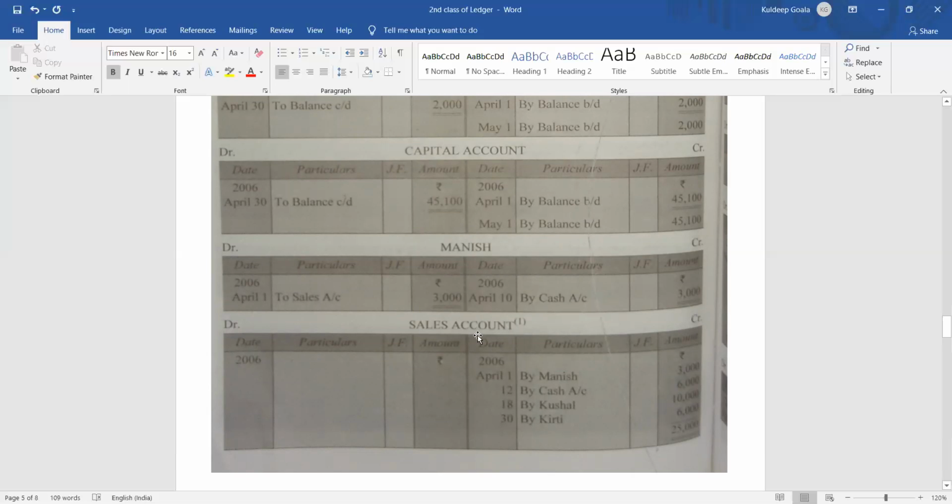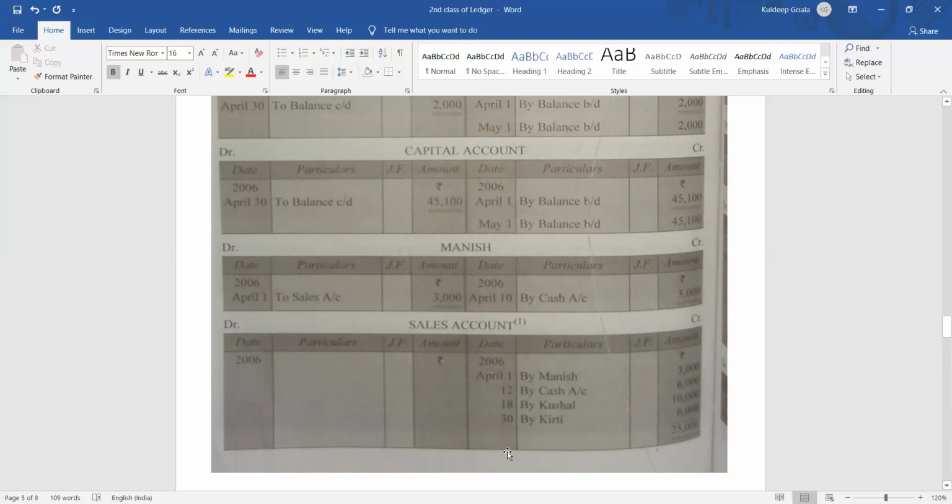Coming to the next, sales account. What is there in the sales account? 25,000. There's nothing on this side. So the total is only 25,000 in the sales. So you have to balance it. Please balance it. On this side it will be April 30 by balance carried down 25,000.